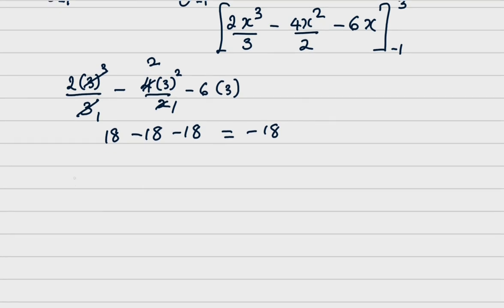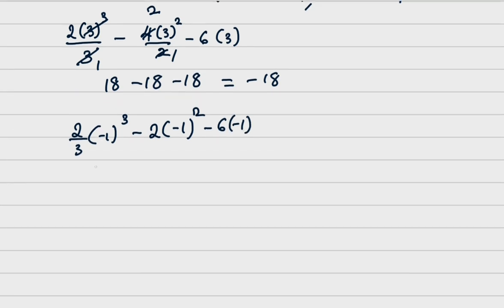Now when x equals to -1, of course you are going to have 2 over 3 into -1 all cube. Then I have this is going to be -2 anyway if I reduce it, okay? Here 1, here 2. So it's going to be -1 all squared. Then we have -6 times -1 like this. So this is going to be -2 over 3. Then I have a -2.